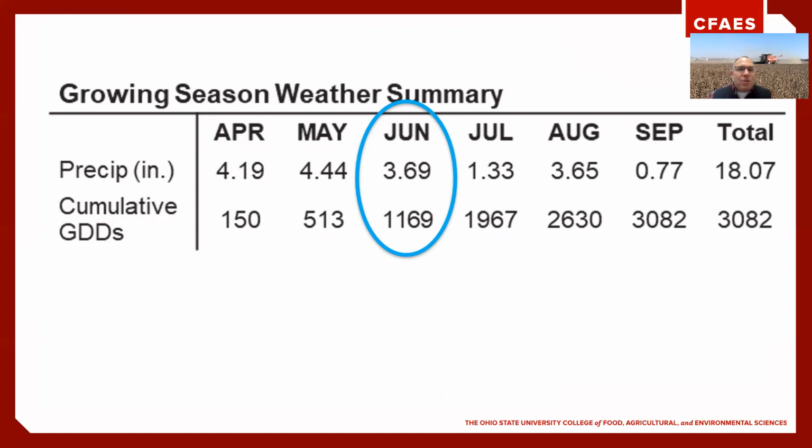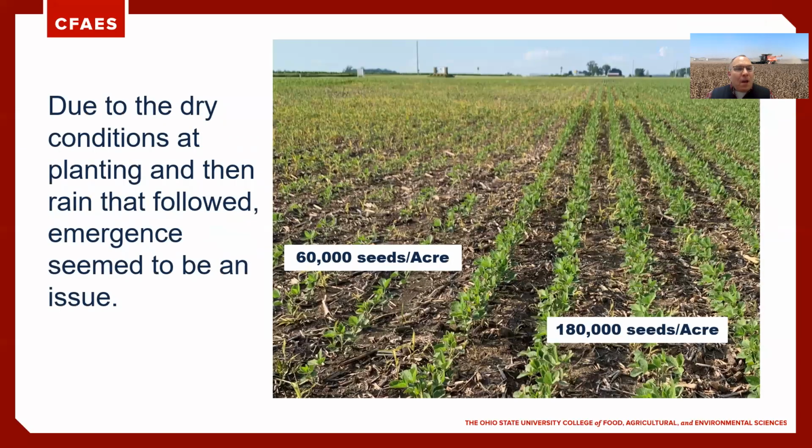But as we looked in June, we did get a little over 3.5 inches of rain, which was good to get the crop started. Once we got it planted, I do feel like we had some emergence issues, possibly due to crusting.